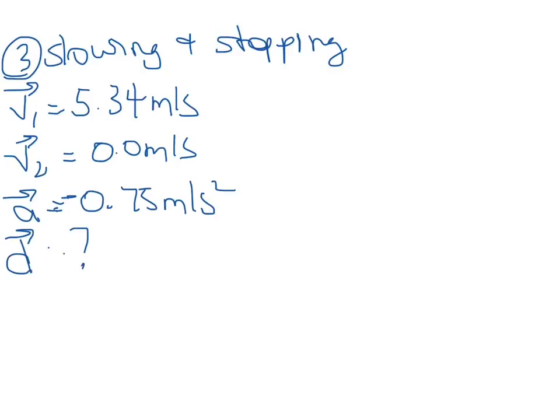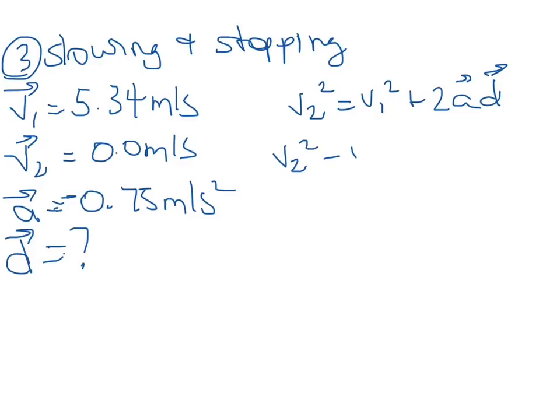So if you check your 5 key equations, there is an equation that allows us to calculate this, and it's the same equation that we used. You'll notice that we tend to use the same equations over and over again. So to rearrange for D, we would move our V1 over and subtract it, and then we would divide both sides by 2A. So let's go ahead and put our information in.